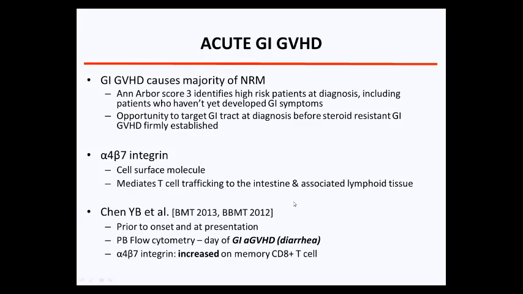Yibin Shen showed that alpha-4 beta-7 had increased expression in GI GVHD on CD4-positive and CD8-positive memory T cells, when they collected samples at onset of GI GVHD.